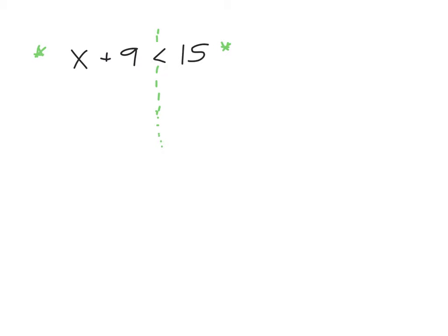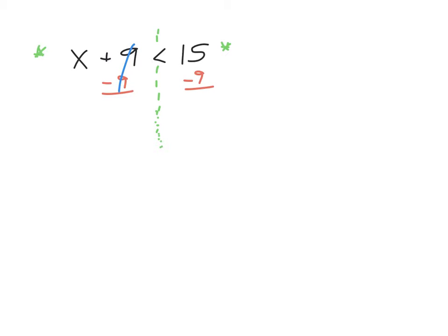But as long as we keep that inequality intact, we can do some things. Turns out if you have an inequality and you subtract 9 from both sides, the inequality still holds true. So we can use these inverse operations, just like we did with equations, and we still have a true inequality when we're done.